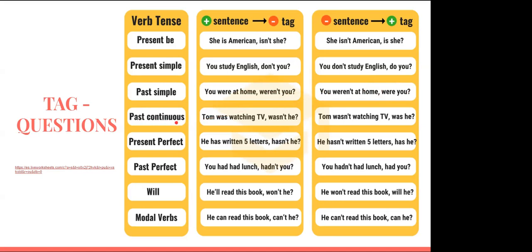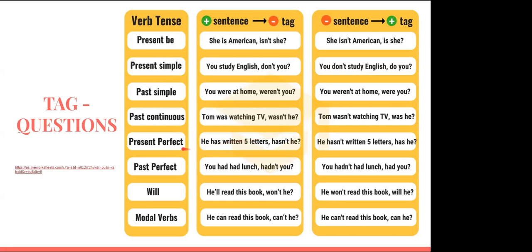Here, past continuous. For the past continuous, we know that we use the verb to be in the past, followed by the verb in the ing form. And here, of course, the negative form of the auxiliary. Please, can you read the tag? Tom was watching TV, wasn't he? Tom wasn't watching TV, was he?